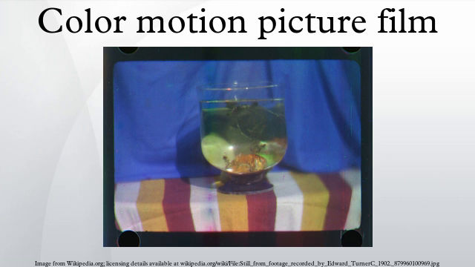Later color films were standardized into two distinct processes, Eastman Color Negative 2 Chemistry and Eastman Color Positive 2 Chemistry, usually abbreviated as ECN-2 and ECP-2. Fuji's products are compatible with ECN-2 and ECP-2. Film was the dominant form of cinematography until the 2010s, when it was largely replaced by digital cinematography.